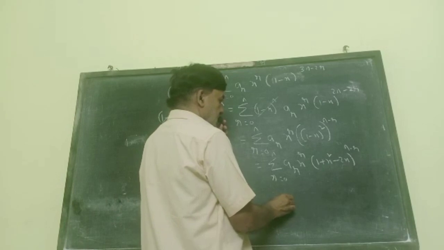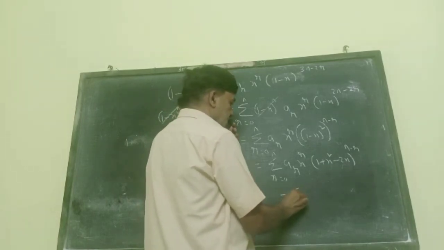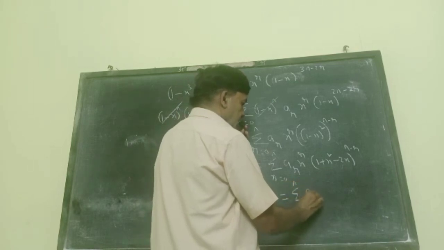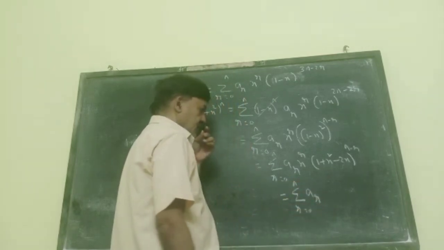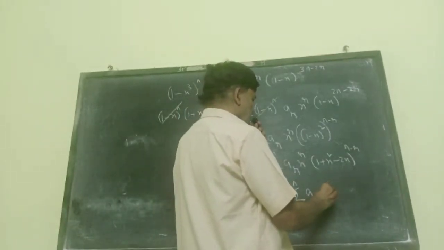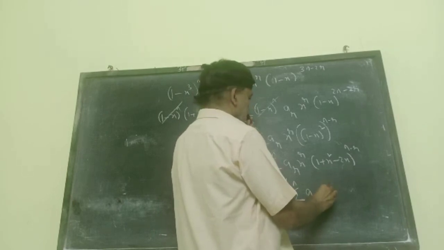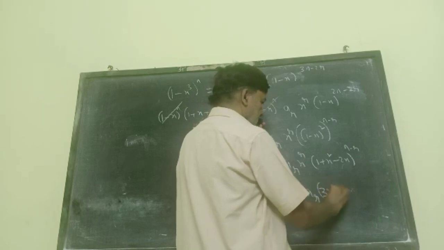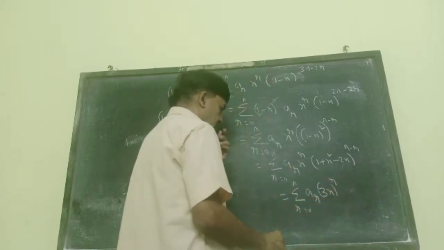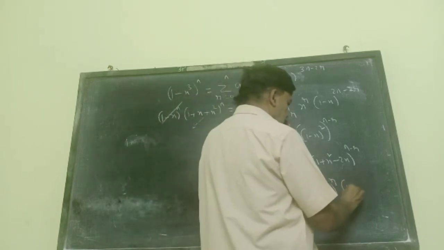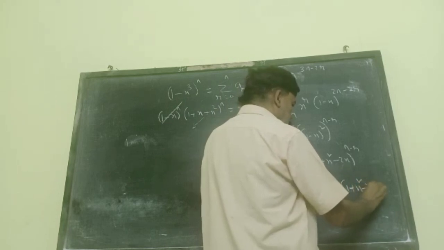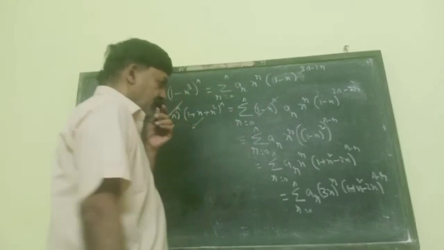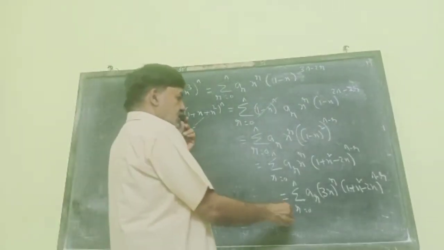This is equivalent to sigma r is equal to 0 to n, you write A_r, right? You consider 3x whole power r into 1 plus x square minus 2x whole power n minus r. So I am writing what?